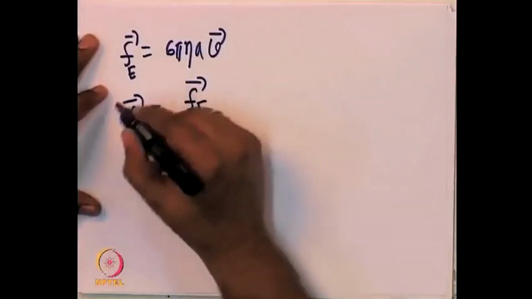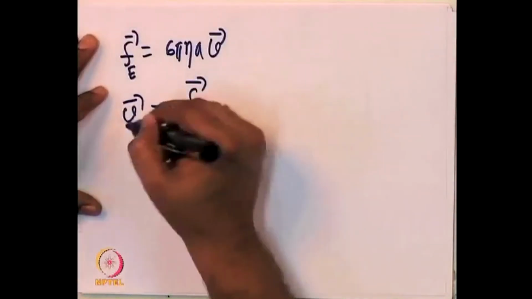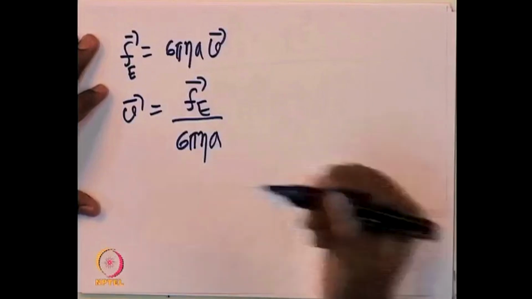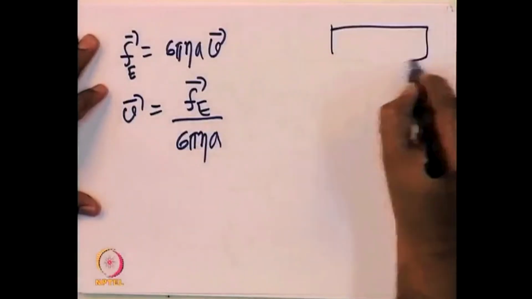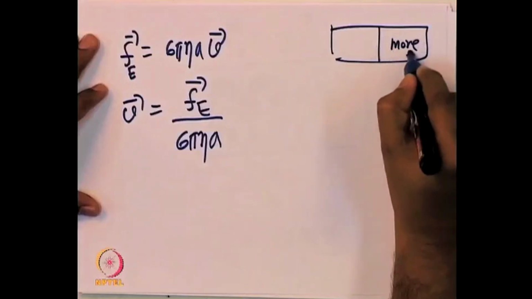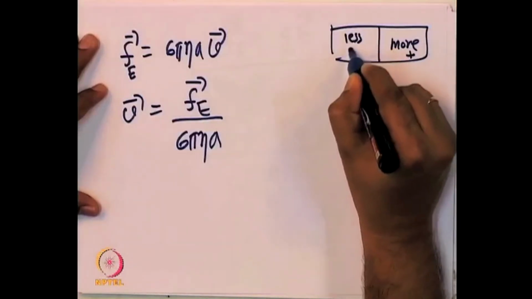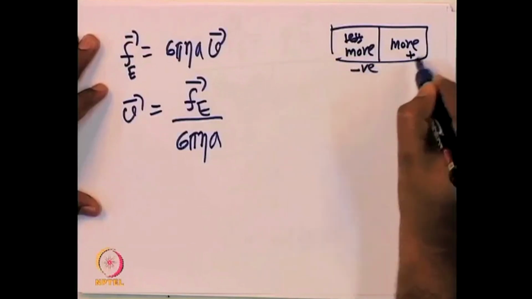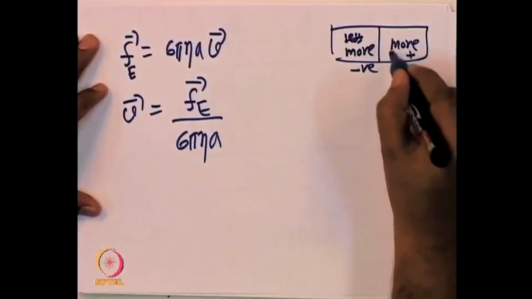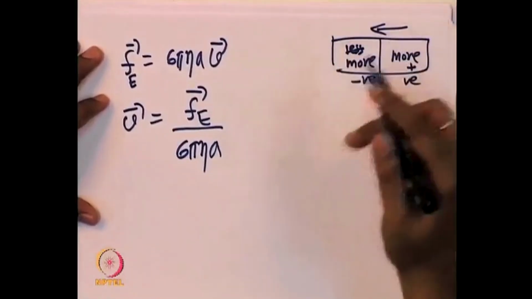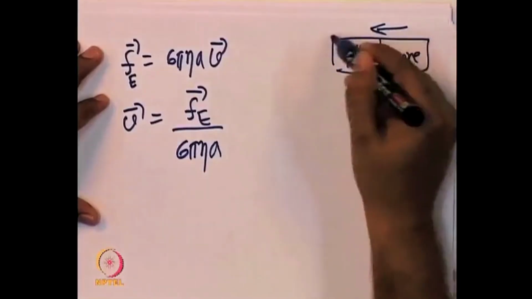We know that velocity is a vector, and force is a vector, so we have vector signs. We also know the direction of the velocity. It will go from more positive charge to less positive charge, or here from more negative to more positive. In this way it will flow. The velocity direction and the force direction will both be in this direction.